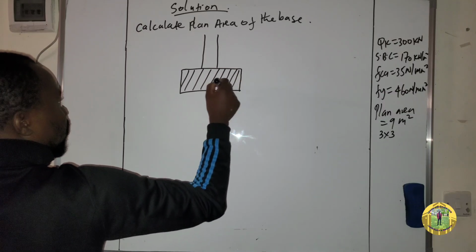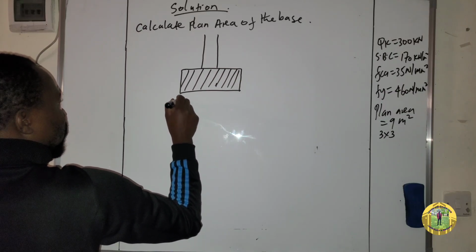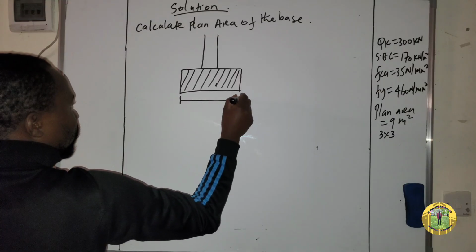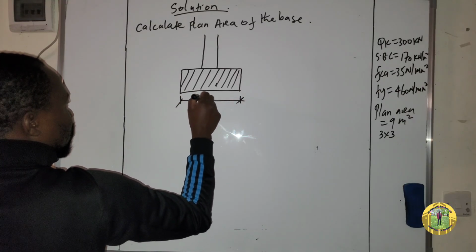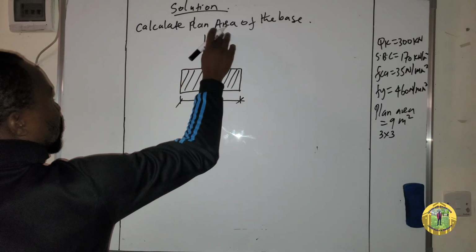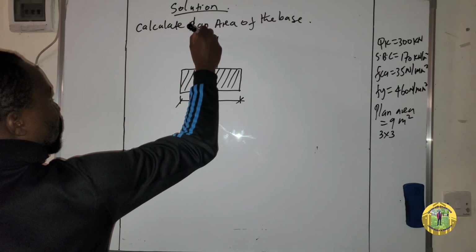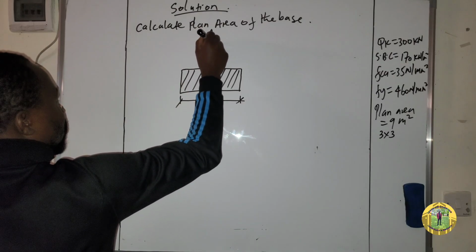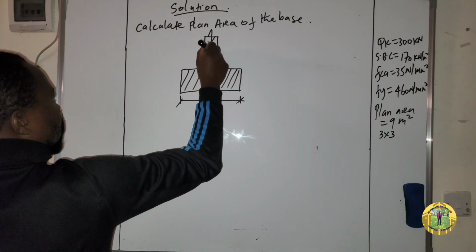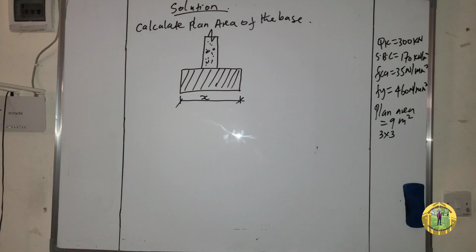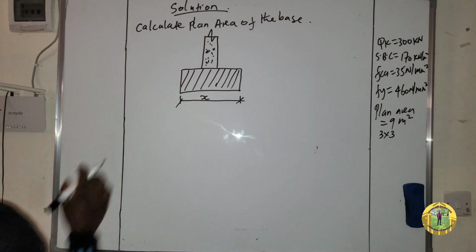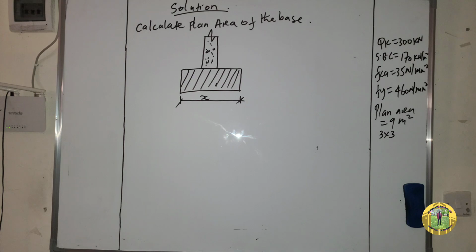From this area, we can get the size of this base. So let's say X. Like that. So to calculate the plan area of this base, we will assume a footing weight of 130.